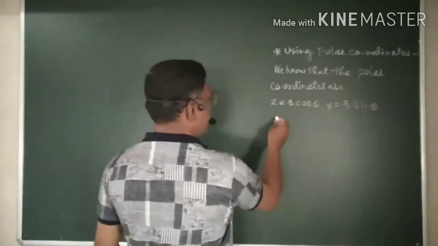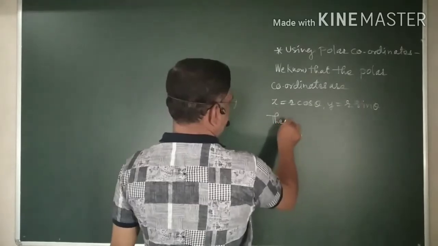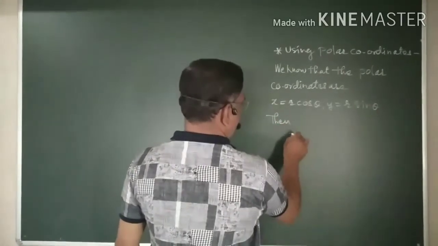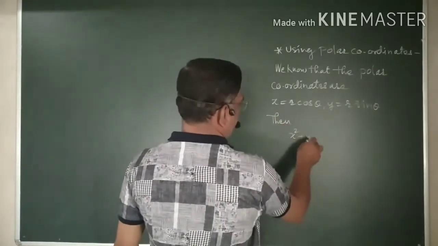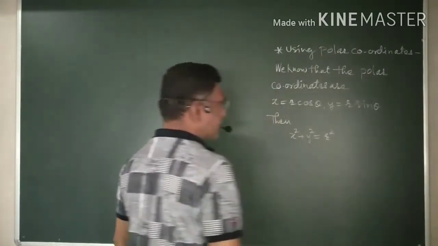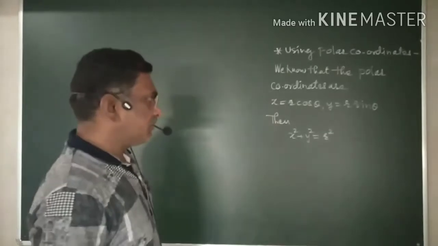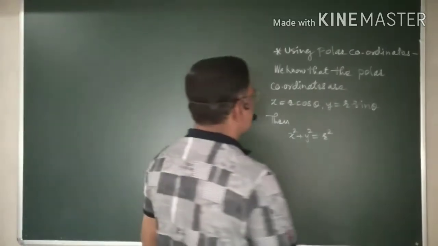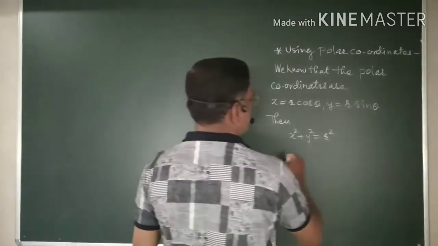If we have this, then x square plus y square is equal to r square.